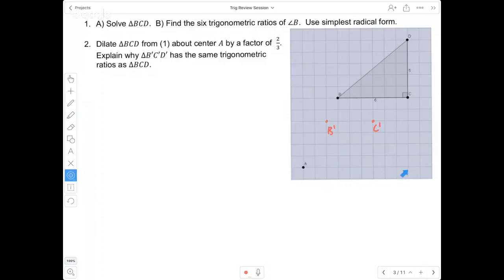Currently, it's over 9 up 11 to get to point D. So I'm going to go over 6, and 2/3 of 11 is 22 thirds, which is like 7 1/3. So up 4, 5, 6, 7 1/3.